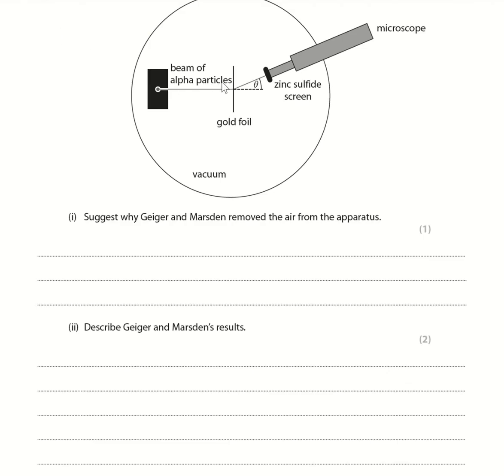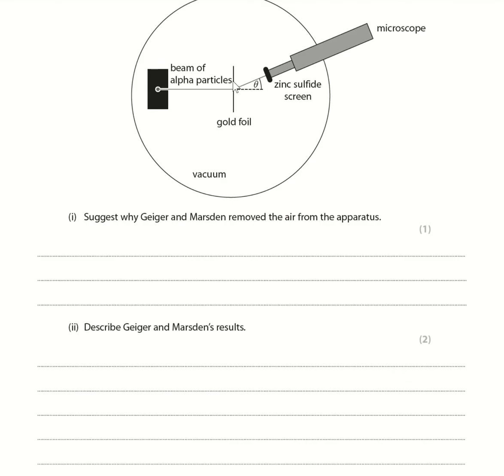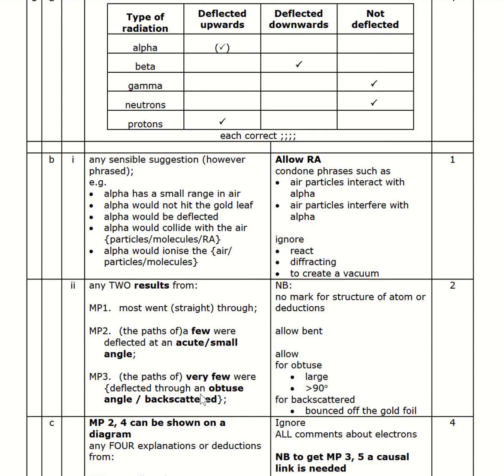So most of them went straight, and it says most went straight through, and few were deflected at an acute angle, and very few were bounced back. So as it says here, very few were back scattered, or they were deflected to an obtuse angle.